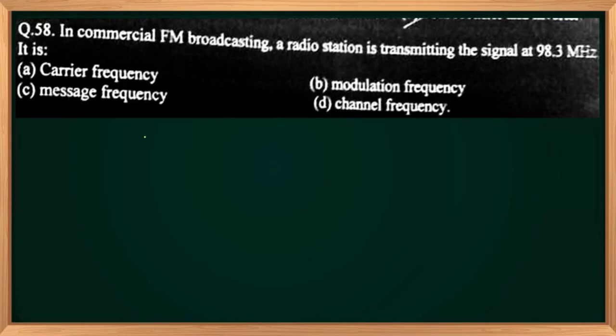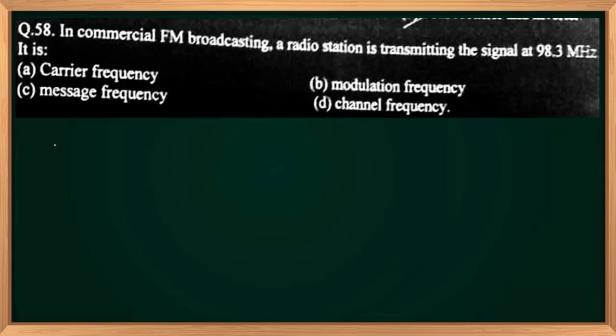So which is the correct option? In FM broadcast, this frequency is not the modulation frequency. D, channel frequency? No, it's not channel frequency. Yes, Chetna, the right answer is option A, carrier frequency.